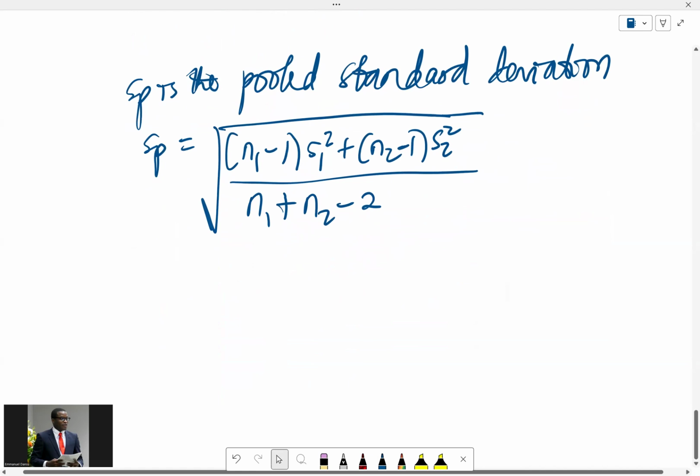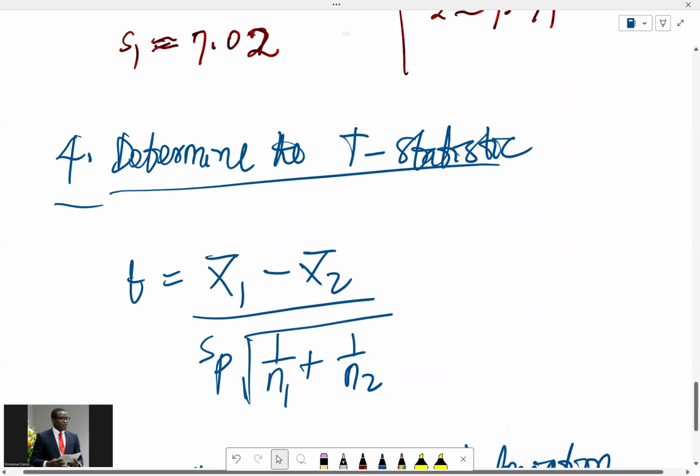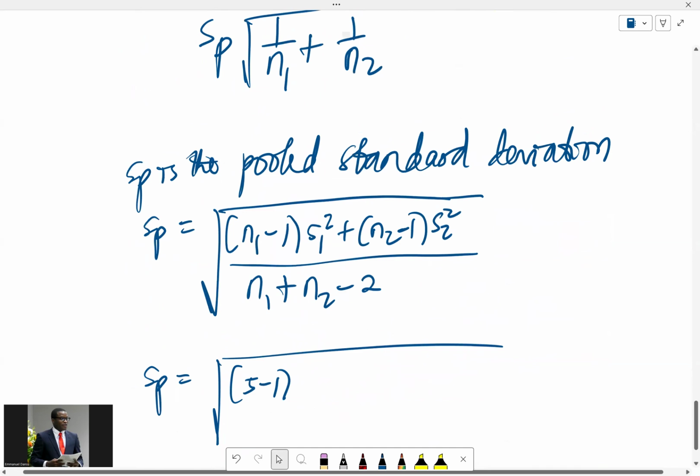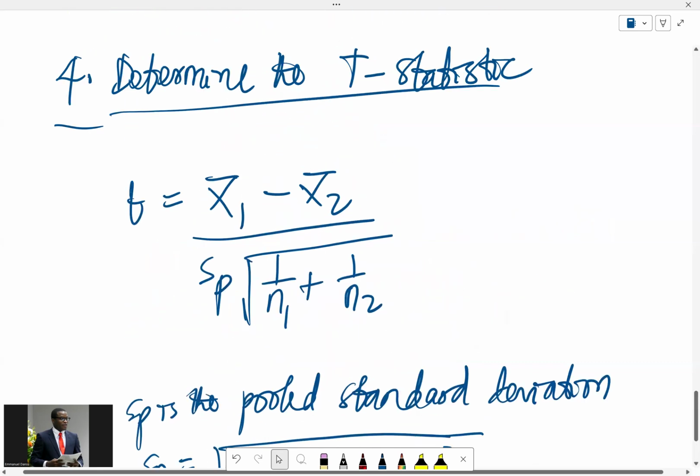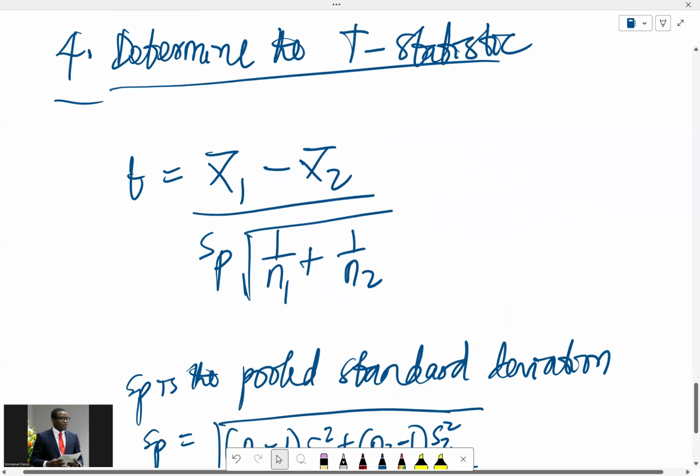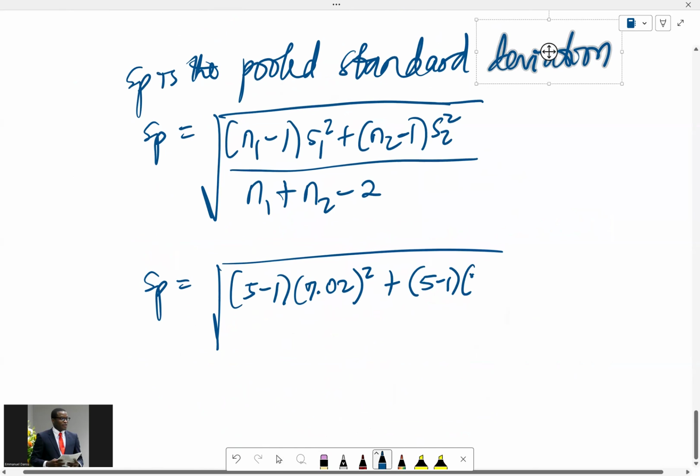So we have sp equals square root of n1 is 5 minus 1, s1 squared. S1 is 7.02, 7.02 squared, plus n2. N2 is 5 minus 1 again. S2 squared, S2 is 7.91, so we have 7.91 squared.